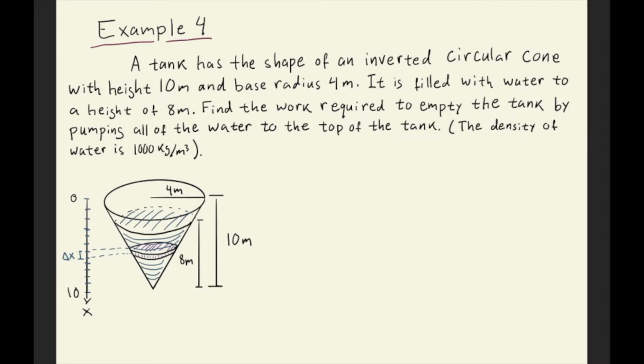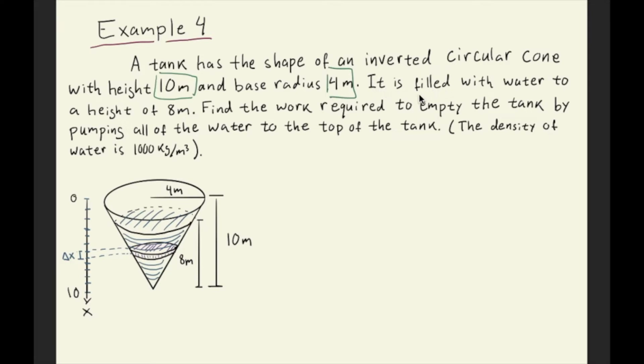The problem says the tank has the shape of an inverted circular cone. Circular just means that the base of this cone is a circle, and inverted means it's upside down. With height 10 meters, so that's the height. Maybe we should start circling the values, but it's on the drawing as well. The height of 10 meters and a base radius of 4 meters.